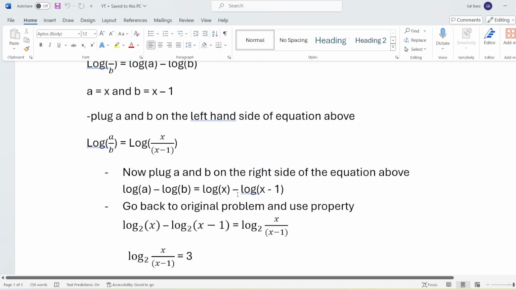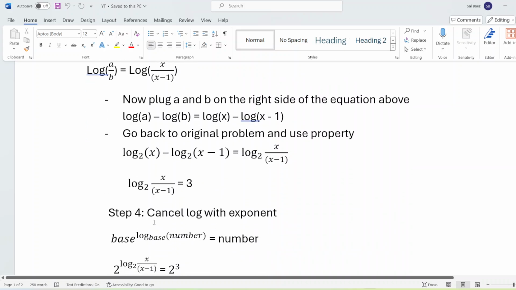If you're trying to simplify the equation, x over x minus 1 is a log, you can have it like this, but the problem is you need the actual problem, the squared part. So what I would say, go back and make sure you're following the problem. And so we have this now becoming log squared x over x minus 1.